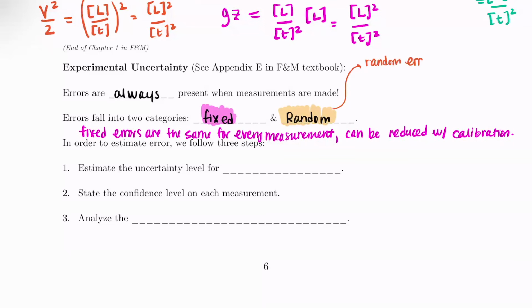So random errors, sometimes called non-repeatability. They can't be removed. And they're different for every reading.